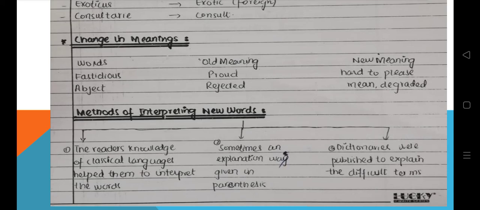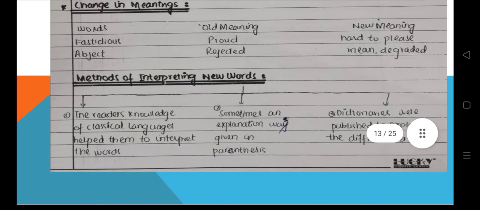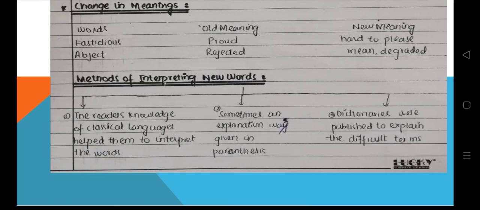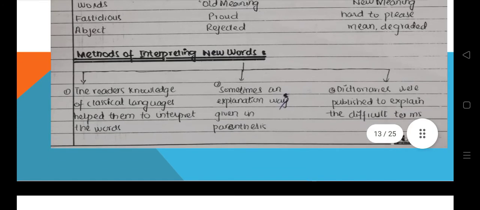Here we'll see some words. Fastidious: the old meaning was proud, and the new meaning is hard to please. And abject: the old meaning was rejected, and the new meaning is mean, degraded. So there took place a change in meaning as well.